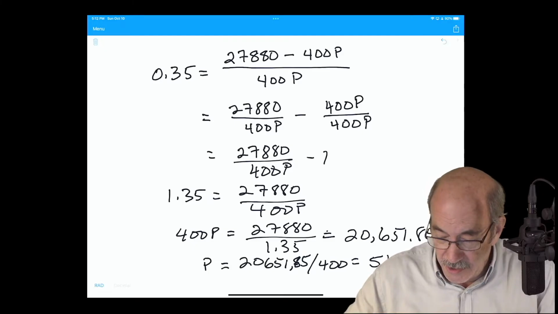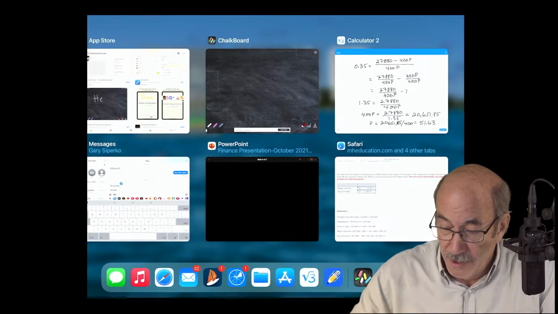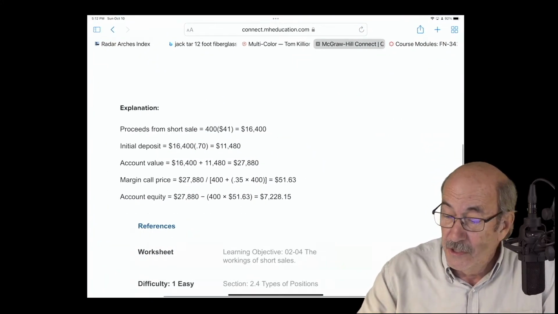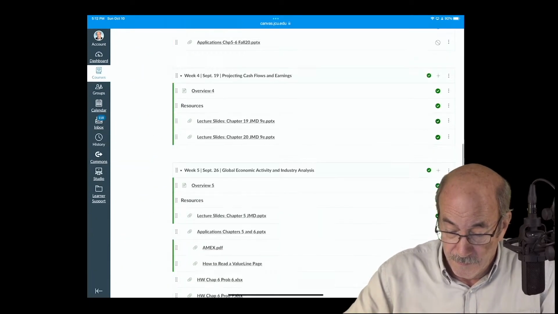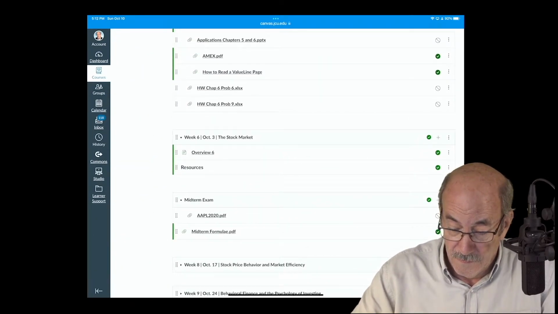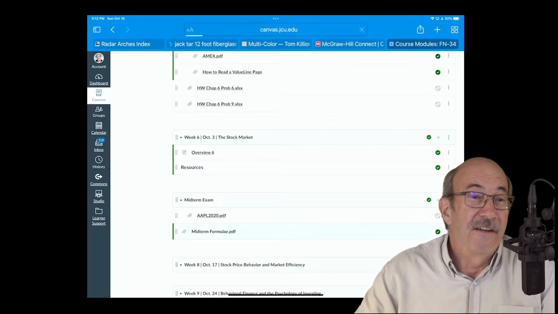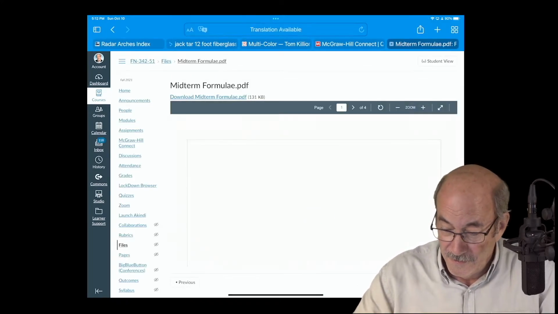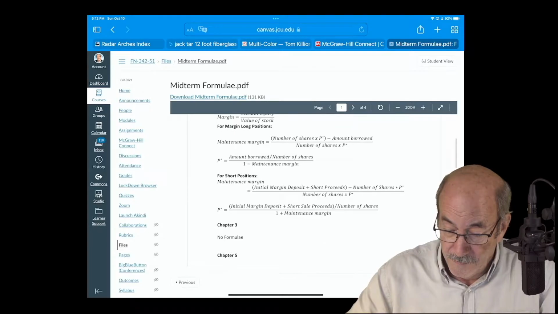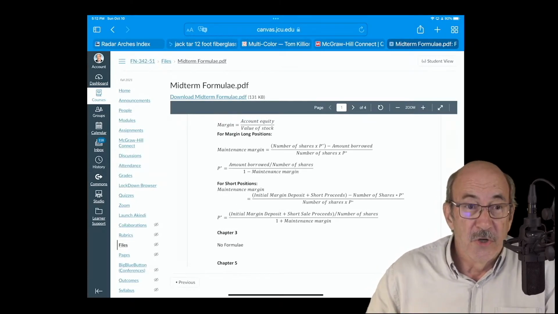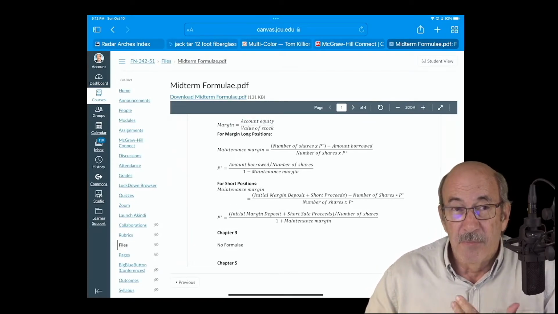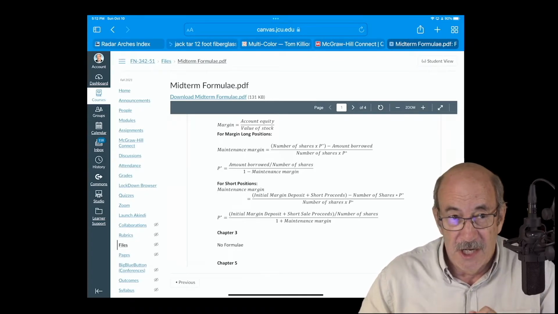The other way is to simply go over here to the formula sheet. And since we're doing a short sale, this is something to be very, very careful about on the exam, right?